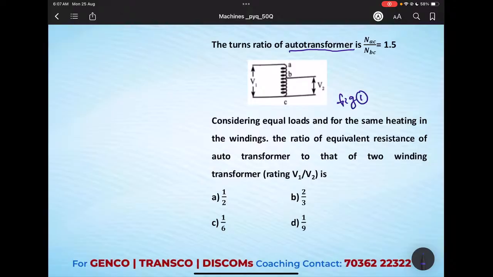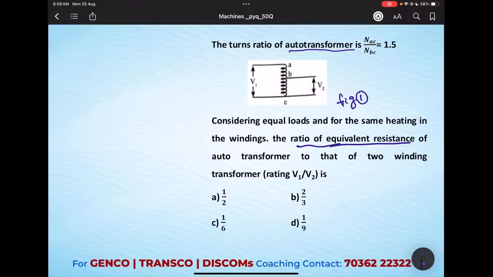They gave a figure of the auto transformer and the turns ratio. Next, what are the other details given? Considering equal loads and for the same heating in the windings, the ratio of equivalent resistance of auto transformer to two winding transformer.